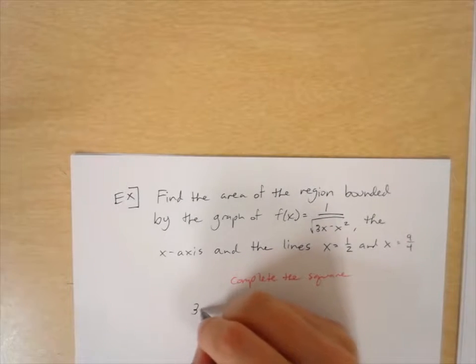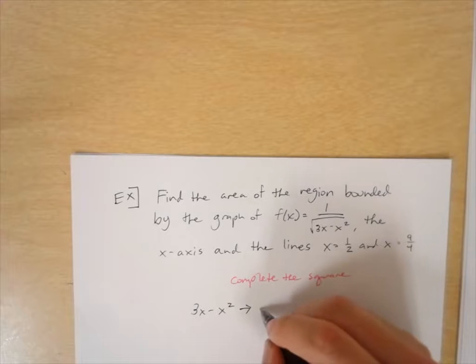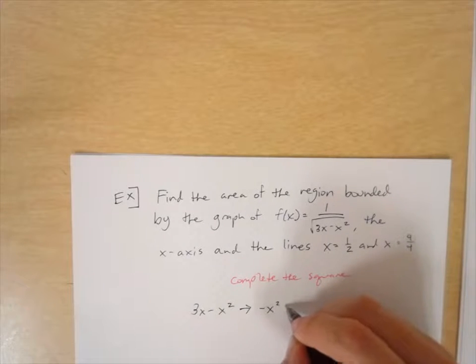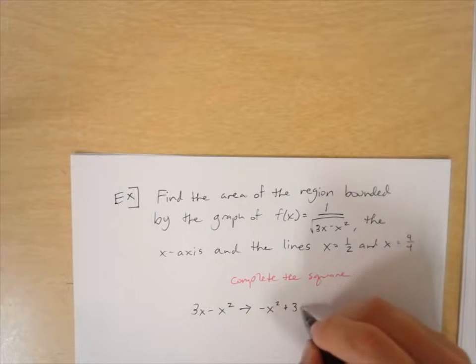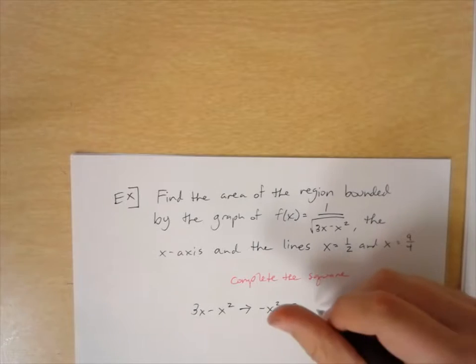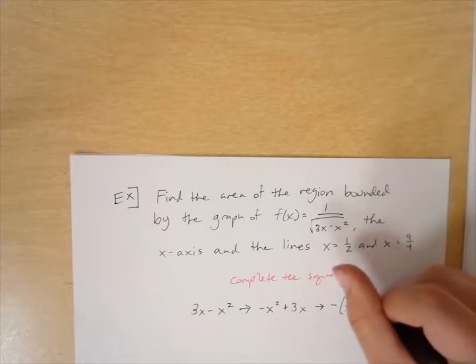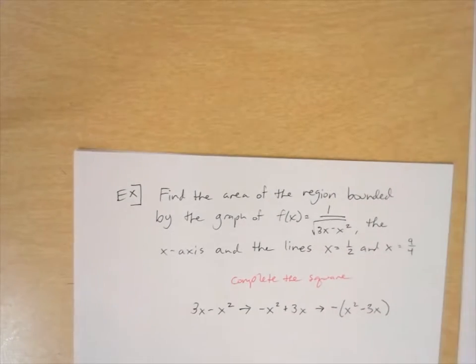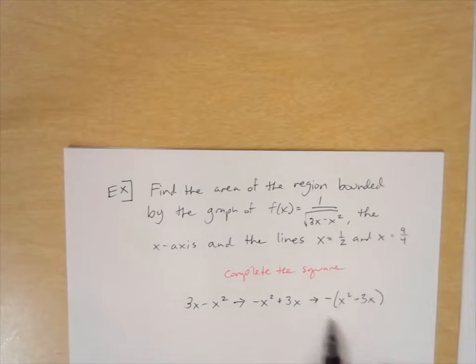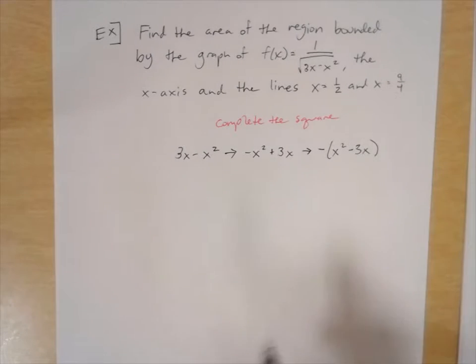When I do 3x minus x squared, it'll be helpful to rewrite that as negative x squared plus 3x. Furthermore, what I can take out of that is a negative x squared minus 3x.